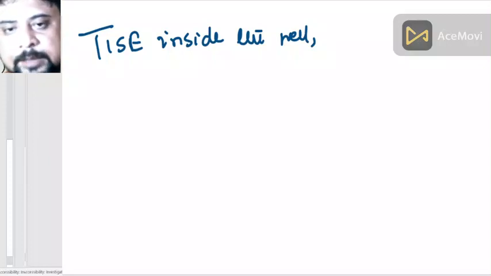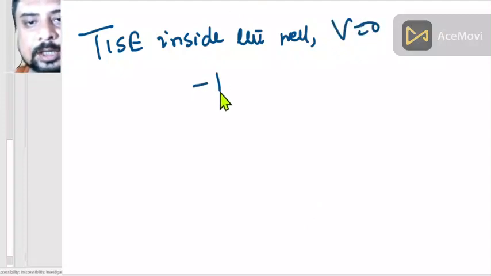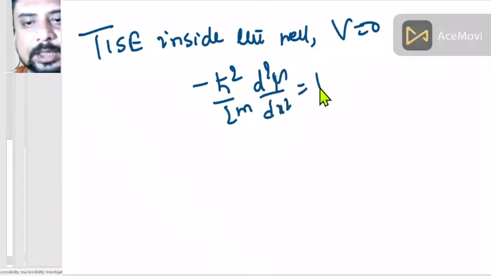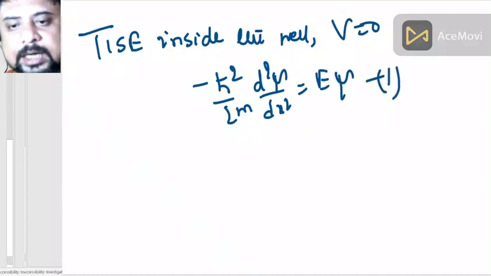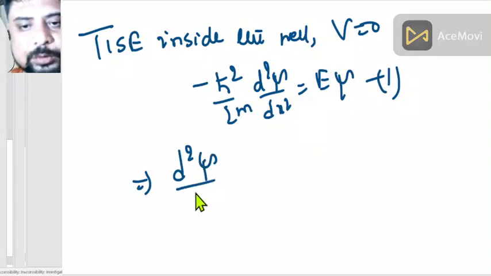In any situation, when you have to solve a problem like this, the strategy is to write the Schrodinger equation with the proper potential and then find the solution of the Schrodinger equation. That will give you the wave function. So inside the well, the time independent Schrodinger equation reads, since potential is 0, minus h bar square by 2m d2 psi by dx square is equal to E psi.